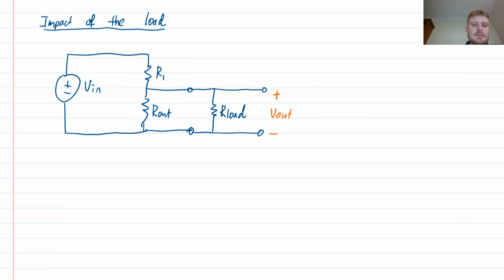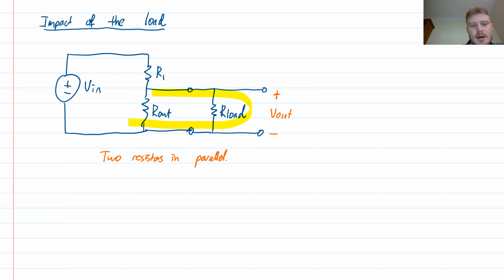Now, what I have here is a combination of two resistors in parallel. You should be able to recognize that. You should see that these are two resistors in parallel, which means that I can combine them together.